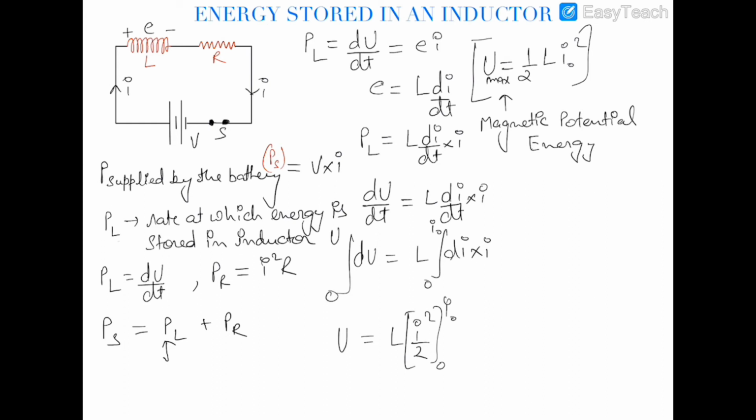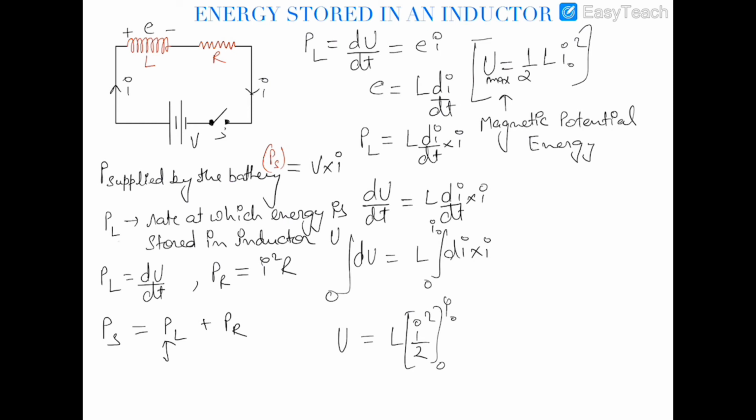The second thing, which is also very important, is that if we open this switch suddenly, then there is a huge amount of current initially before opening this switch in the circuit, and as soon as we are opening this switch, this current will decrease very rapidly to 0. So if this current decreases very rapidly, then an EMF would be developed across this inductor, and that EMF would be of very high magnitude.